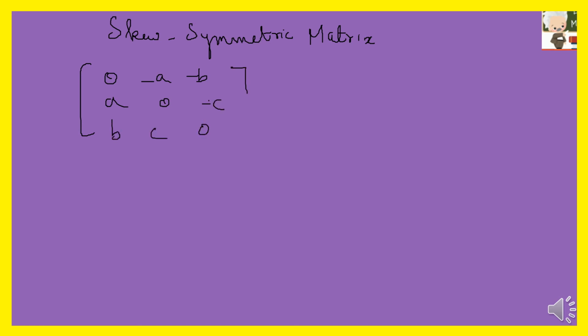If you detect a skew symmetric matrix, then your eigenvalues are lambda is equal to 0 comma plus or minus i into under root a square plus b square plus c square.